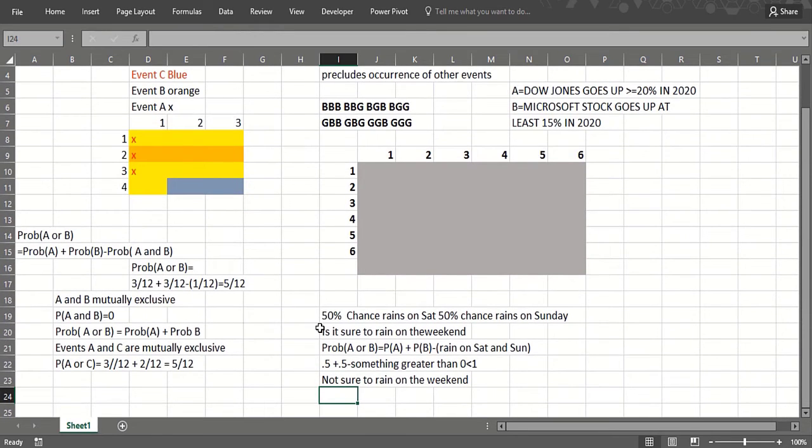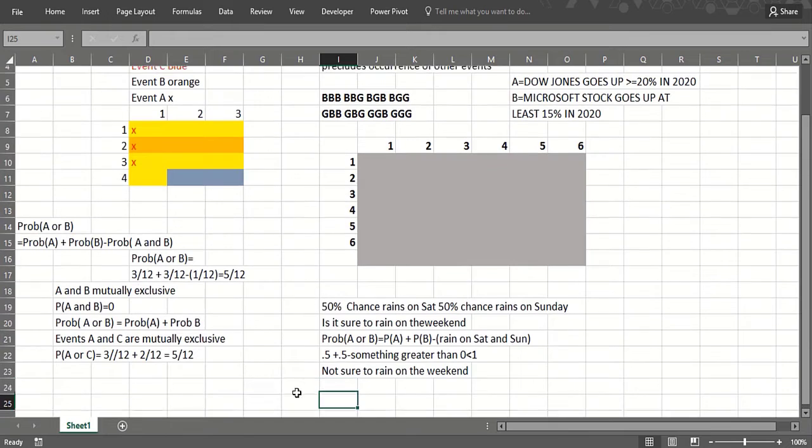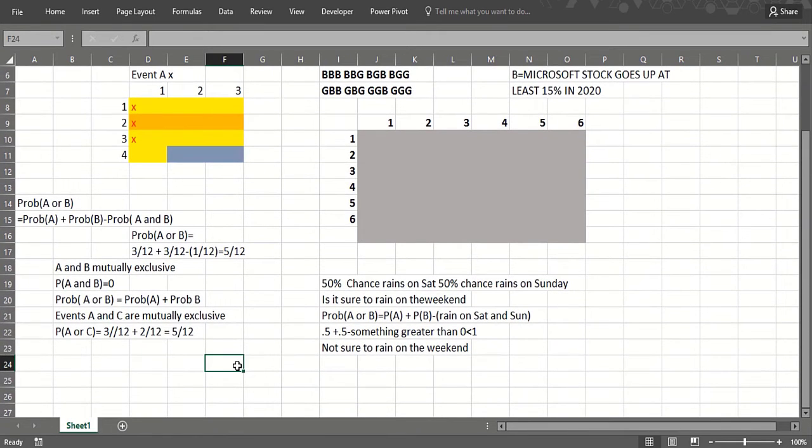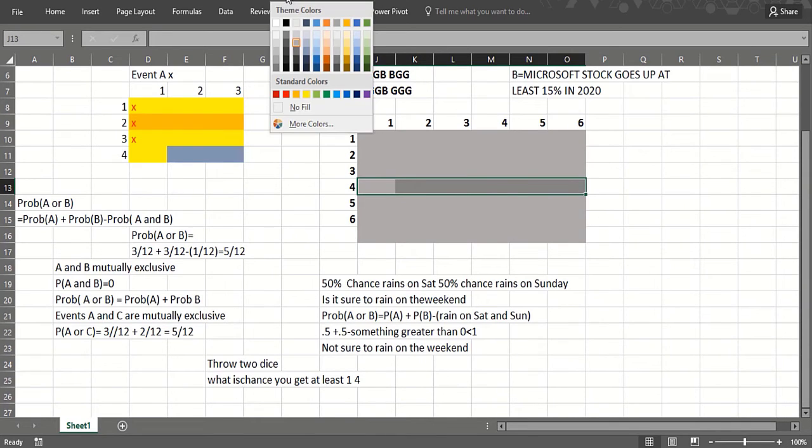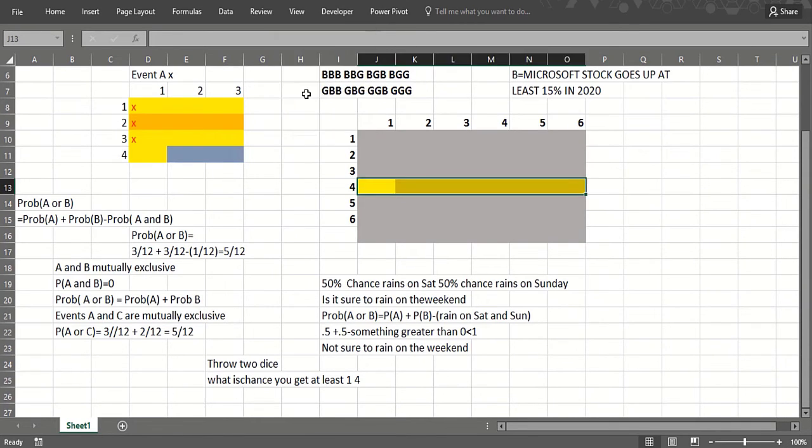Okay, now another example. You throw 2 dice. Again, dice can come up 1 through 6. What's the chance you get at least one 4? Well, if you look at all the outcomes for the dice, we can see the answer right here.